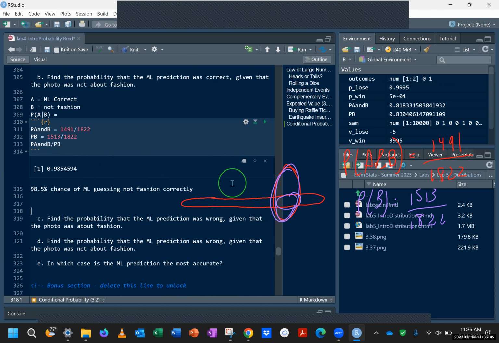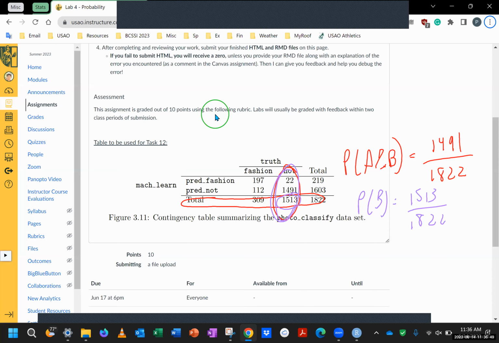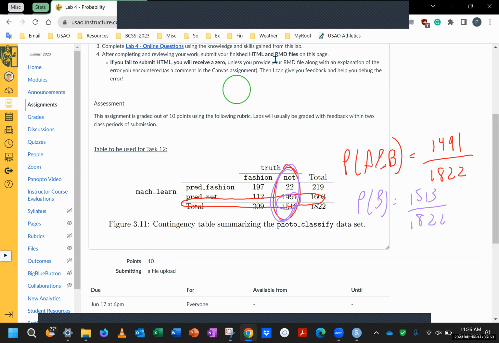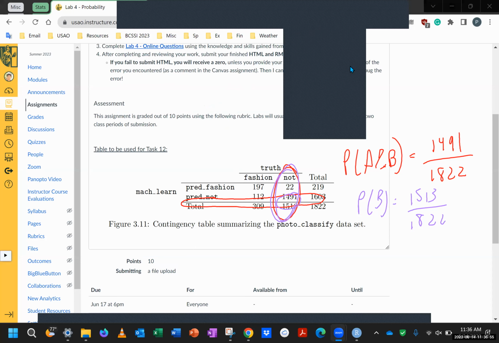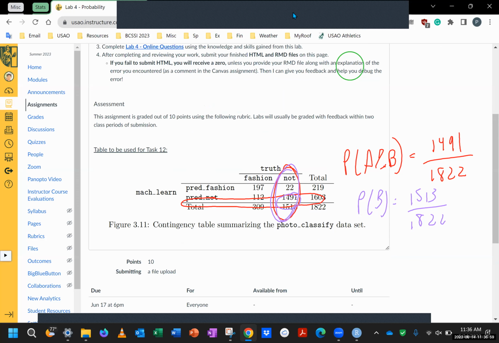And I'm just going to check that. Again, I'm looking at the chance of predicting not fashion, given that it's not about fashion. So I could also think about the problem this way. I already know it's not about fashion. Given that I already know the photo is not about fashion, I know it's just these cases.